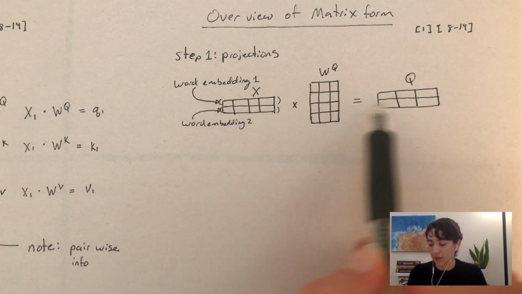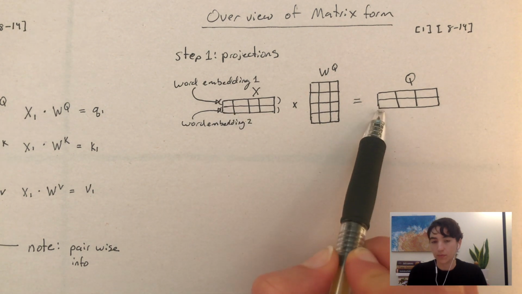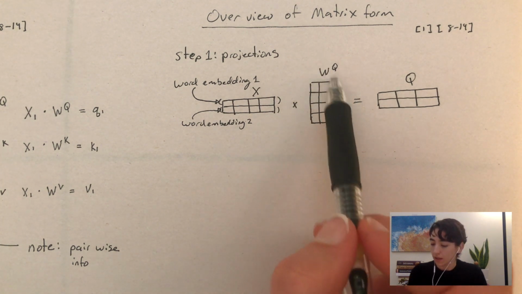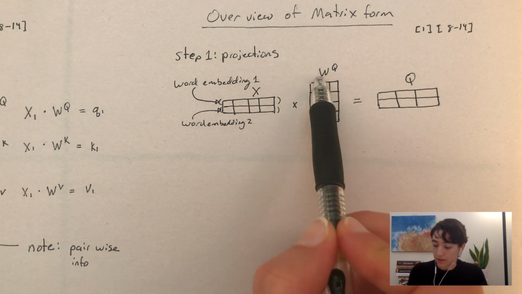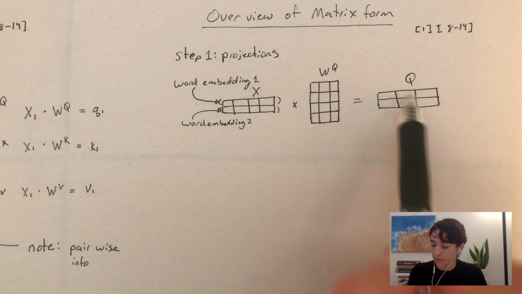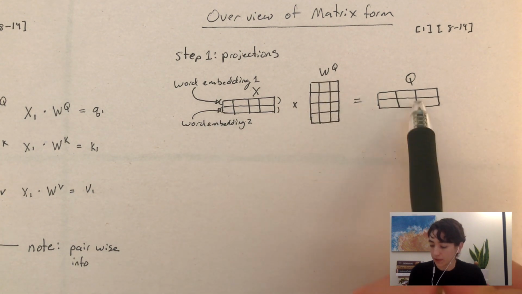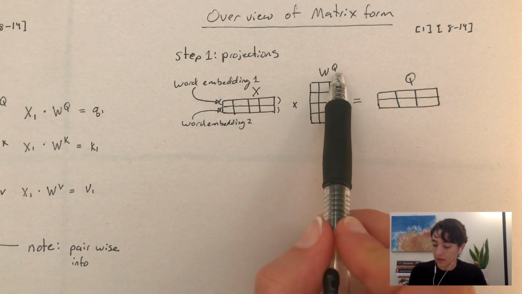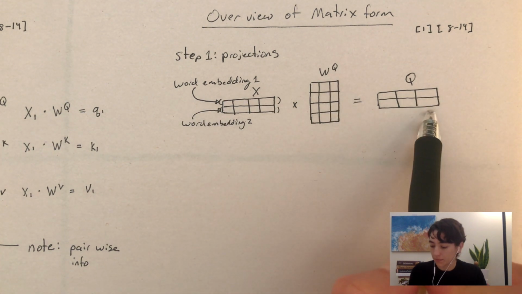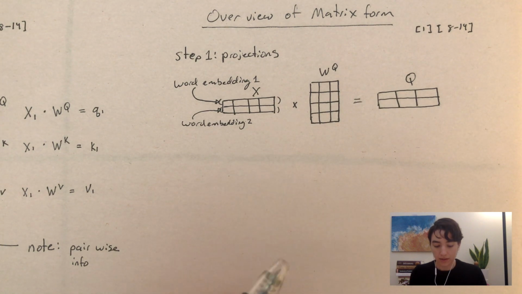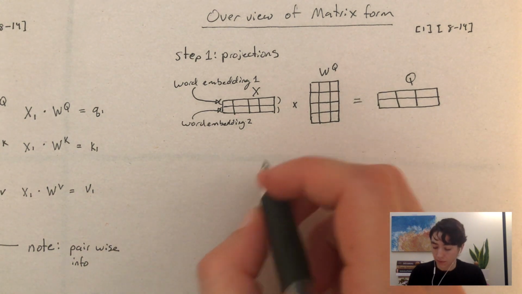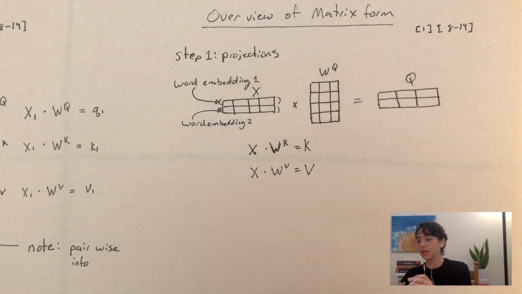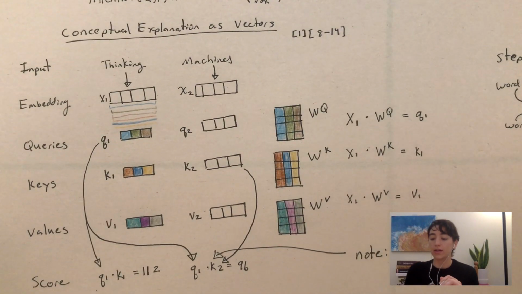First column, second row, bottom left entry, or next entry down in the column. Next column, top, next column, bottom, next column, top, next column, bottom. And repeat for WK and WV. There you go. That's the same thing as that right there, but in matrix form.